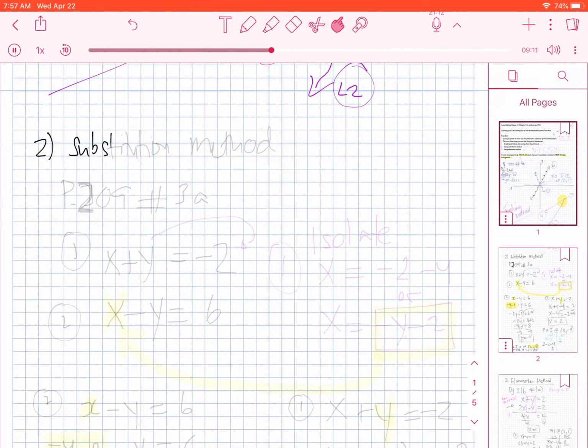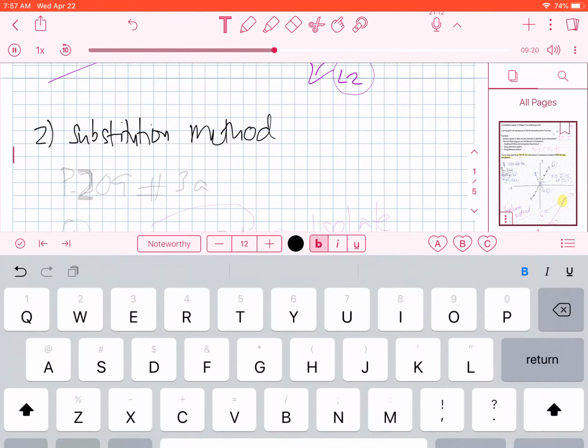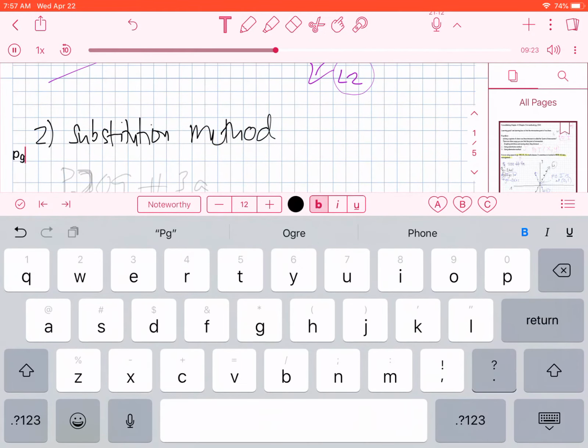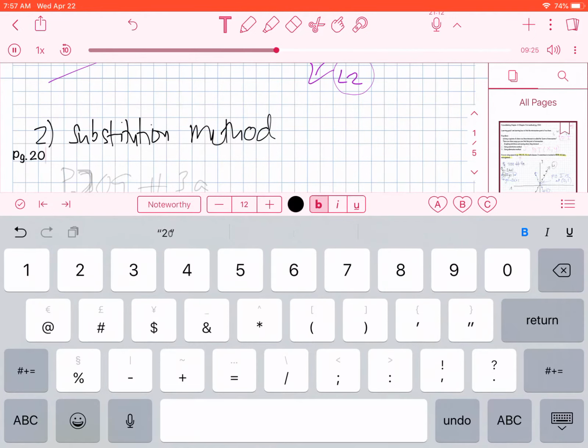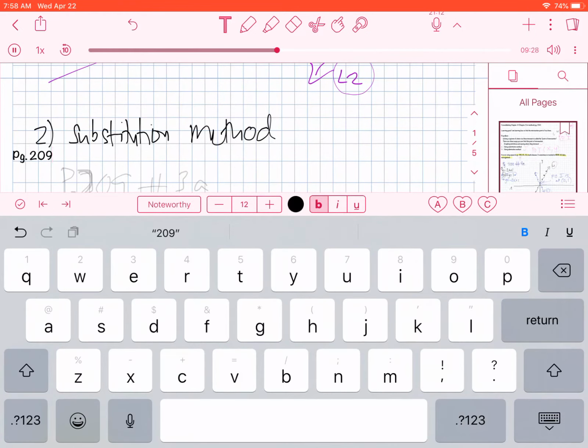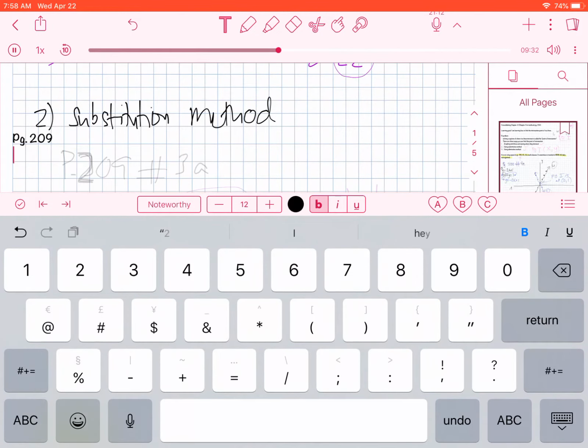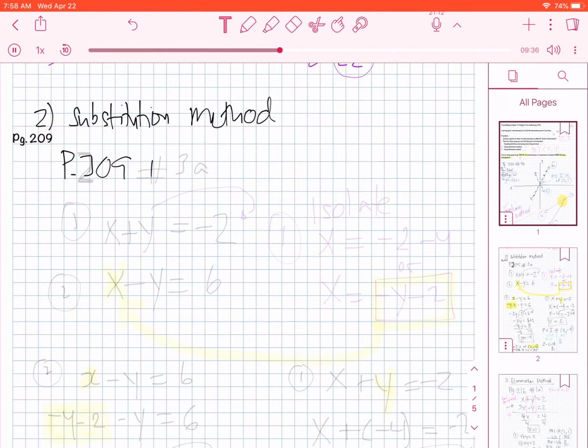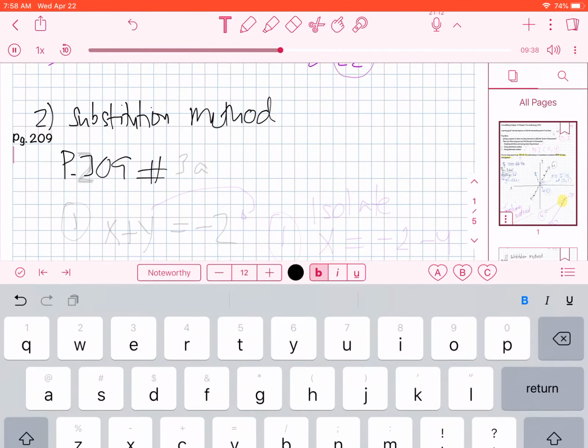Substitution method is actually in section 5.2. And for this one, I'm going to select page 309. We can do number 3A.